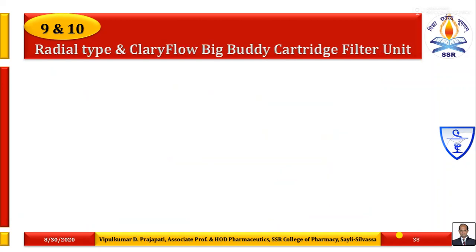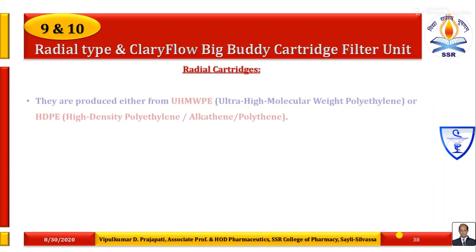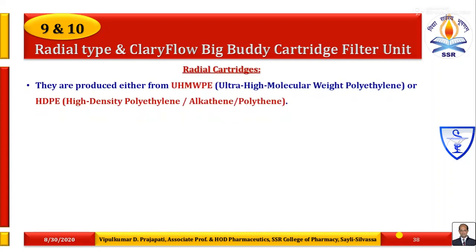So the next, ninth number, is known as radial type and 10th number is known as Clariflow big body cartridge filter unit. Radial type cartridges are made either from ultra high molecular weight polyethylene, that is a thermolabile plastic, or high density polyethylene, that is also known as alkathene or polythene plastic.